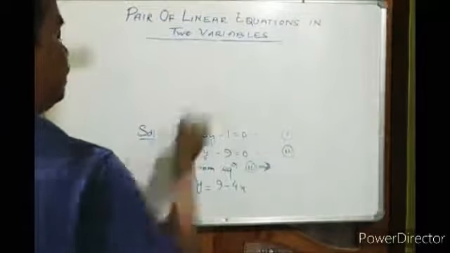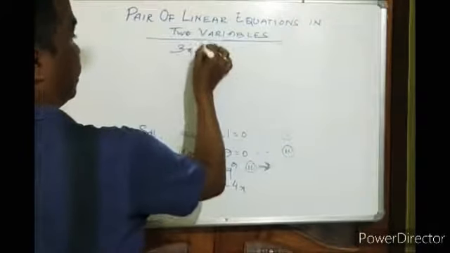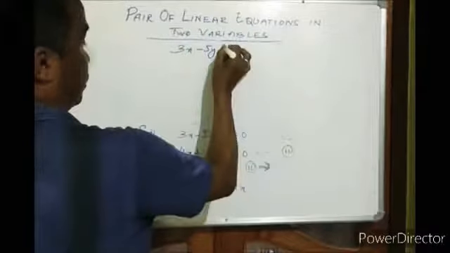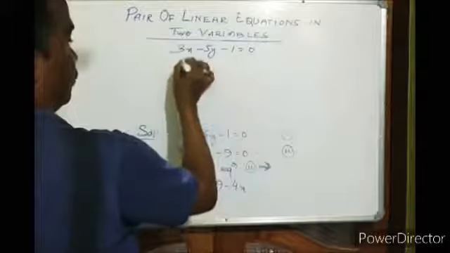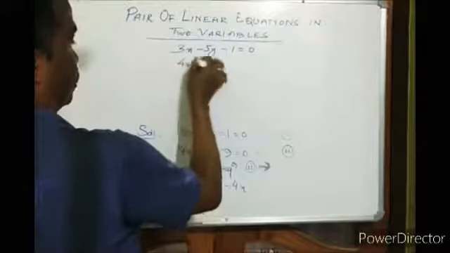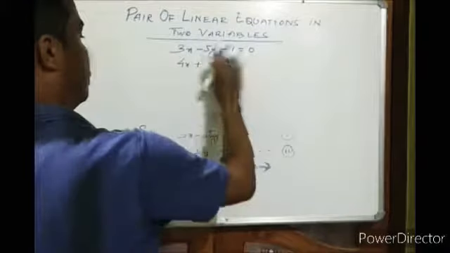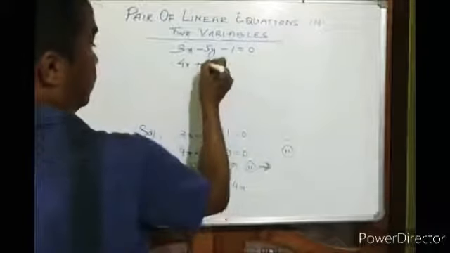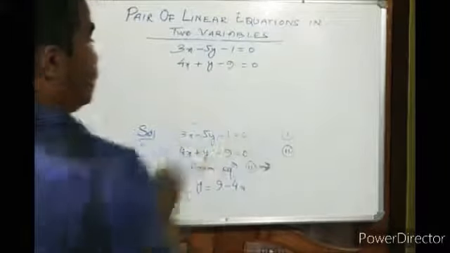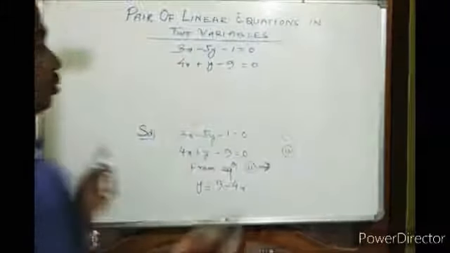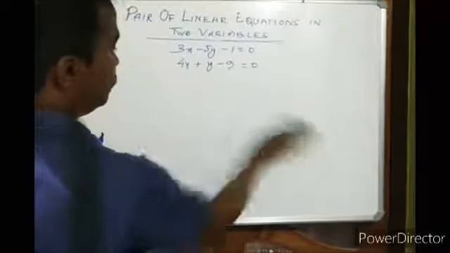So let us write the equation here again: 3x minus 5y minus 1 equal to 0, and 4x plus y minus 9 is equal to 0. These are the two equations which we will solve with the help of another method.